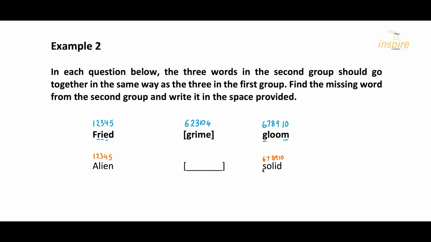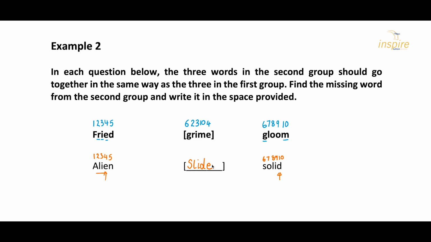So 6 is an S. Then we need a 2, which is an L. Then we need a 3, which is an I. Notice this is where I'm getting these from. Then we need 10. So there's your 10 there, which is D. And finally, I need 4. And there's the 4 here. That's an E. So the answer to that is slide.